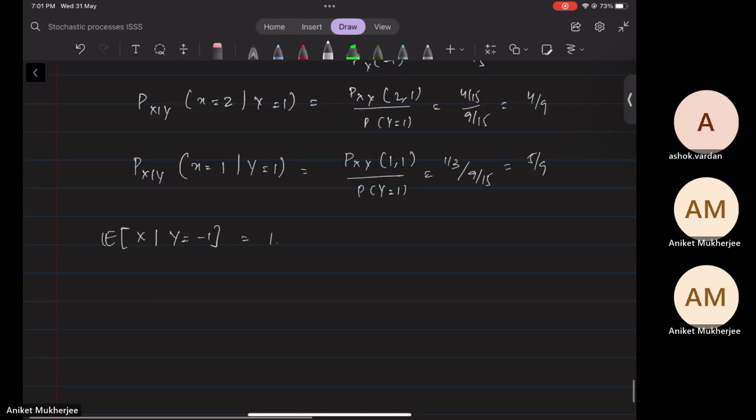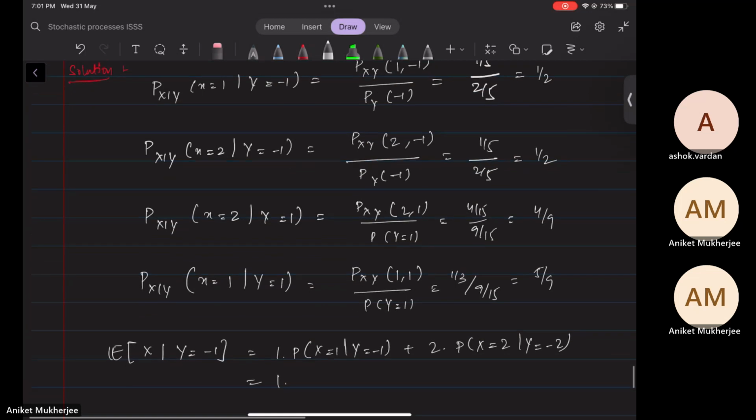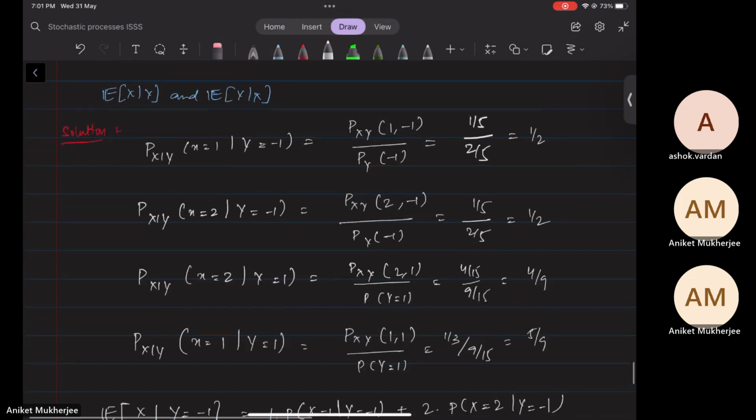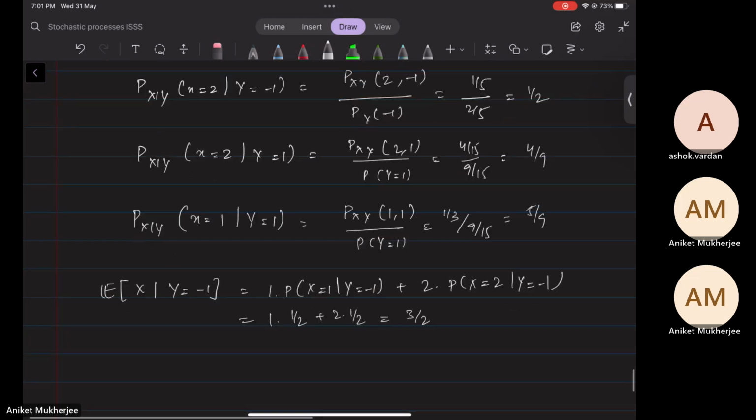So 1 into probability that x equal to 1 given y equal to minus 1, plus 2 into probability of x equal to 2 given y equal to minus 1. This we have calculated above. This is 1 by 2 and this also 1 by 2. So this is 1 into 1 by 2 plus 2 into 1 by 2. This is equal to 3 by 2. So as you see, if you condition a random variable over an event, you get a number.